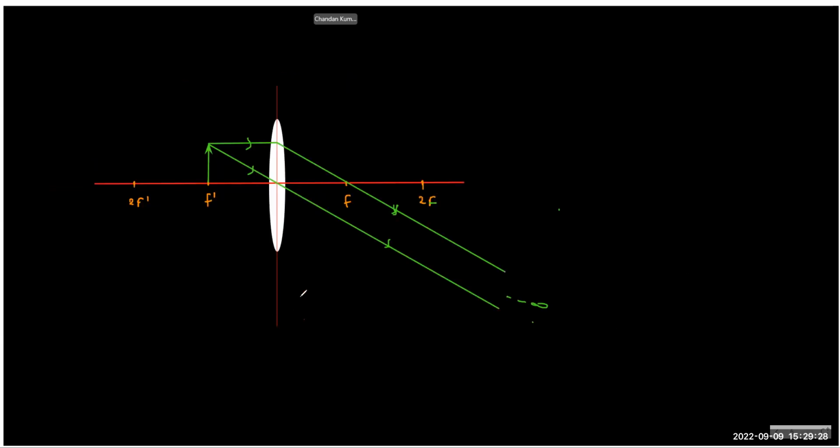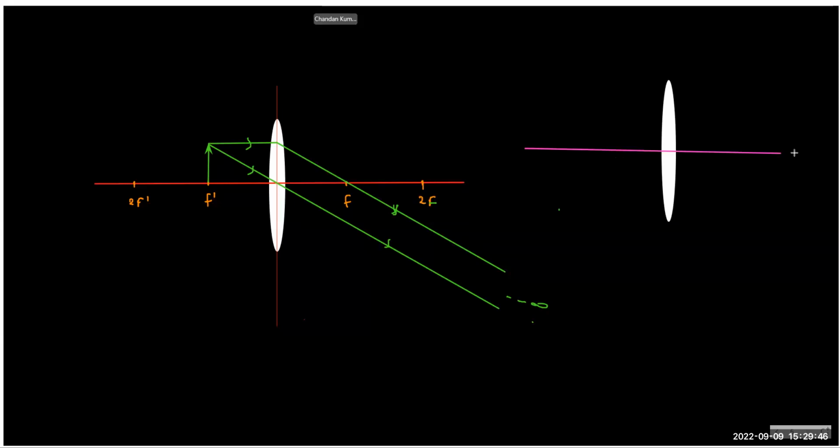And the last case is important: the object between F and the lens, at a distance less than its focal length.